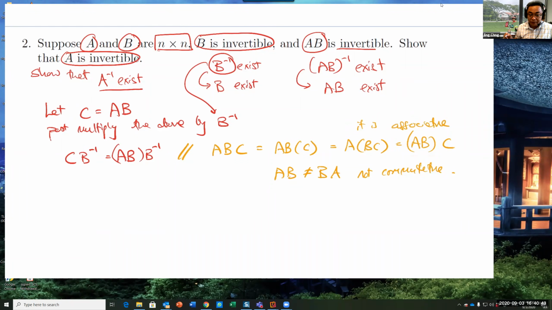All right, so what am I going to do? Basically, I'm going to get rid of the brackets in A, B, B minus 1, because by associativity, brackets do not matter and we can introduce the brackets any way we like. So we introduce it this way. And remember that when a matrix B is multiplied by its inverse on the right, it will be the identity.